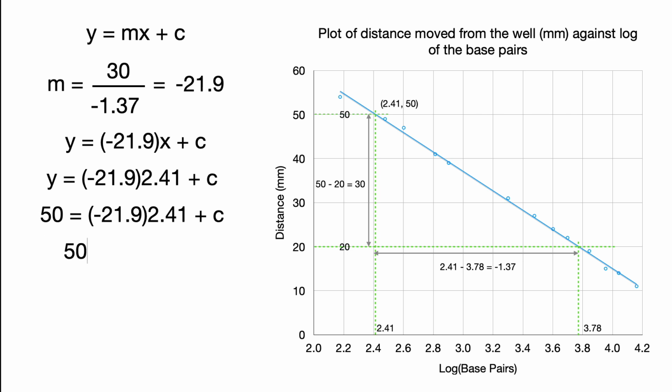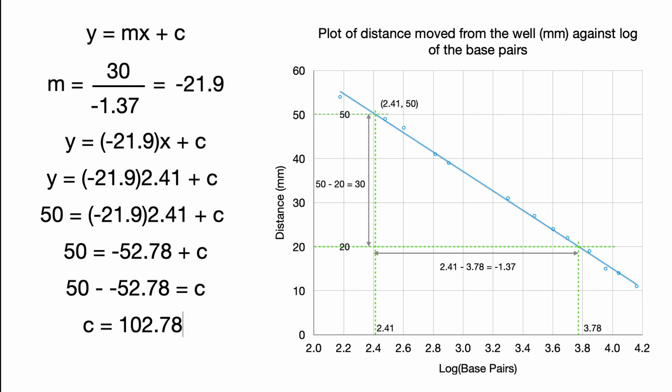We can then do the math, so minus 21.9 multiplied by 2.41 is minus 52.78, so all I've done there is multiply the minus 21.9 by 2.41. We can then move that negative 52.78 across the equation, and that gives us 50 minus minus 52.78 is equal to c, and therefore we can solve that for c, and we can say that c is equal to 102.78.